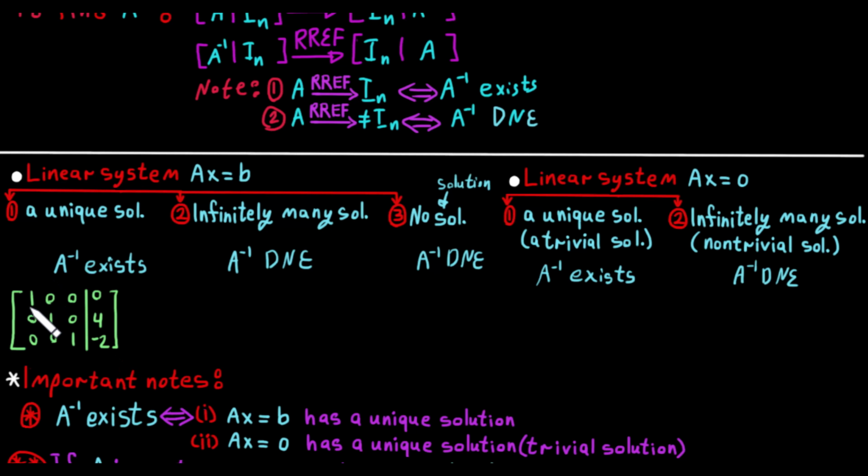You can see here you have leading 1, leading 1, leading 1. So here it looks like identity matrix 3 by 3. Just to remind you, after applying RREF, you can see if you can transform A to identity, then you have a unique solution for Ax equal to B, as we discussed in some previous videos.